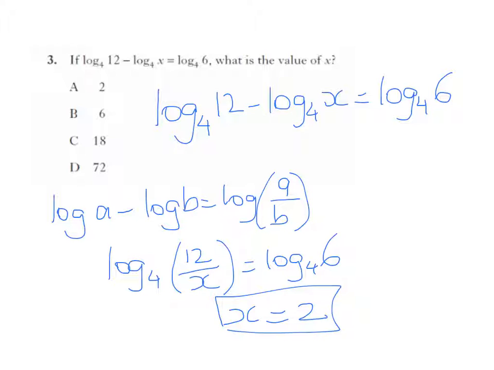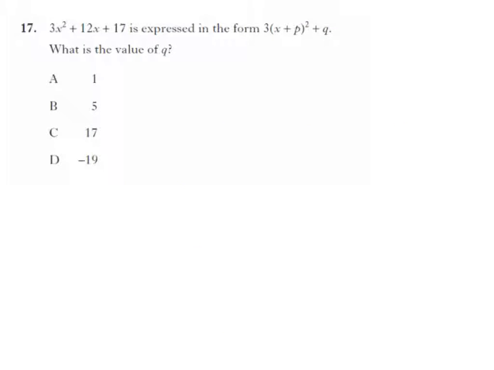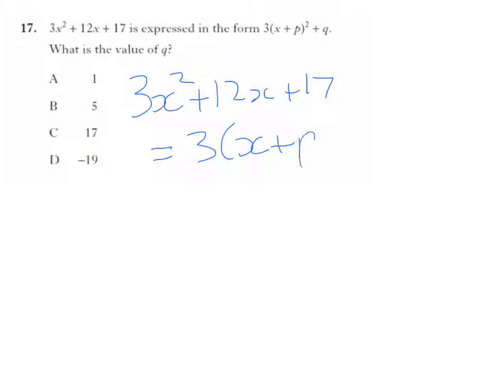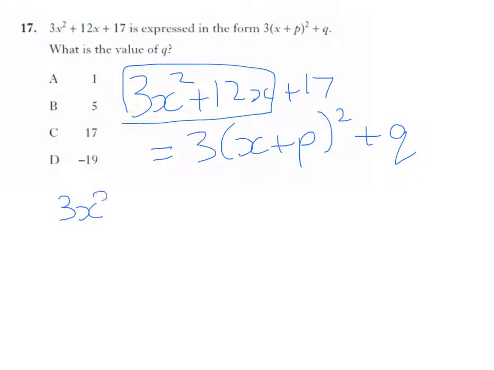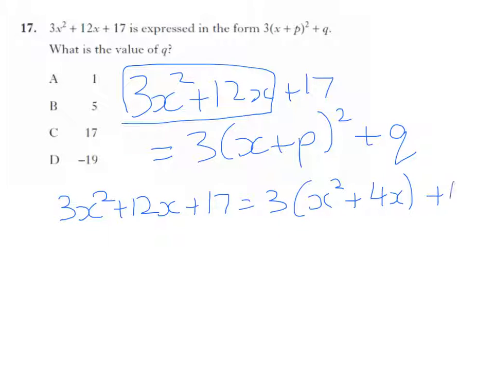Next question is a quadratic. So we've got 3x squared plus 12x plus 17, and we want that to be expressed in the form 3 times x plus p squared plus q. Right, so this is a rewrite of an expression by completing the square. So we start by focusing here. So 3x squared plus 12x plus 17 equals 3 times x squared plus 4x, plus 17.